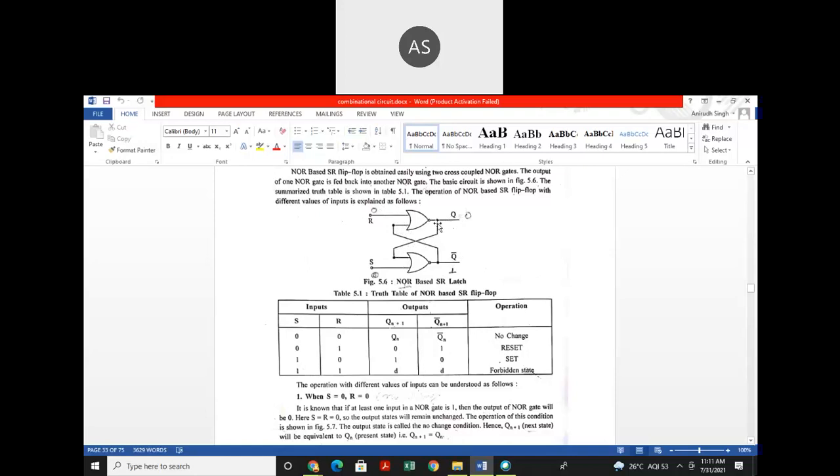And when we get 0, this 0 is connected to this, then 0, 0, here we get 1. So there is no change, meaning Q bar remains 0. But suppose the previous state is 1. If the previous state is 1 and S is 0, then 1 and 0 means we get 0.